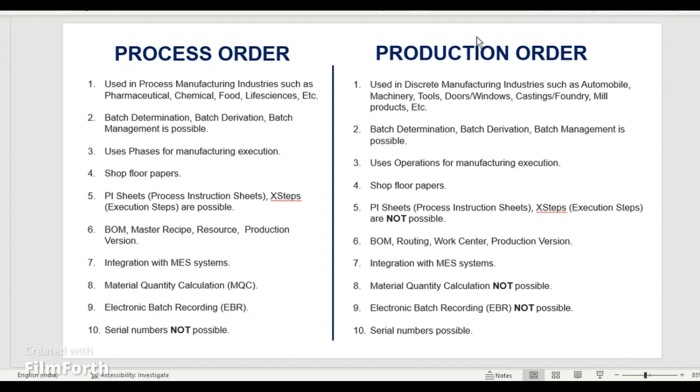If they are in automobile or discrete industries, as I have mentioned here, then you can decide to go with the production order, and make sure that you are leveraging the complete functionalities that SAP has made available in these two orders, the process order and the production order.